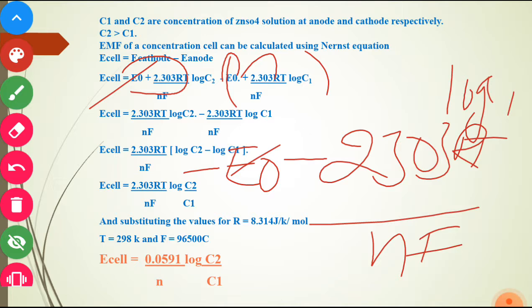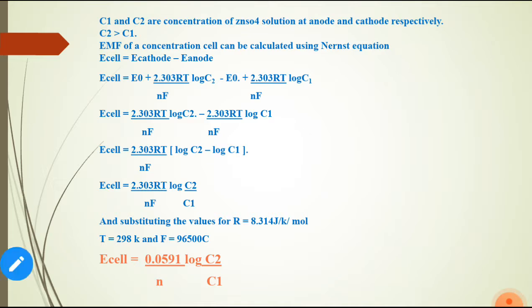The plus 2.303 RT divided by NF of log C2 minus 2.303 RT divided by NF of log C1 are kept as they are, because no cancellation takes place since C1 and C2 are two different concentrations. Then we take 2.303 RT divided by NF as a common term and write log C2 minus log C1.